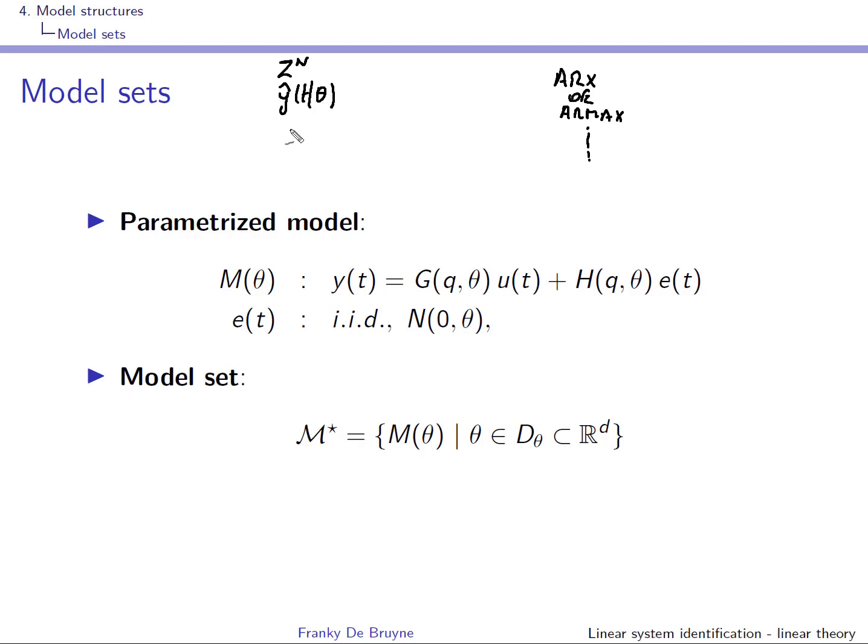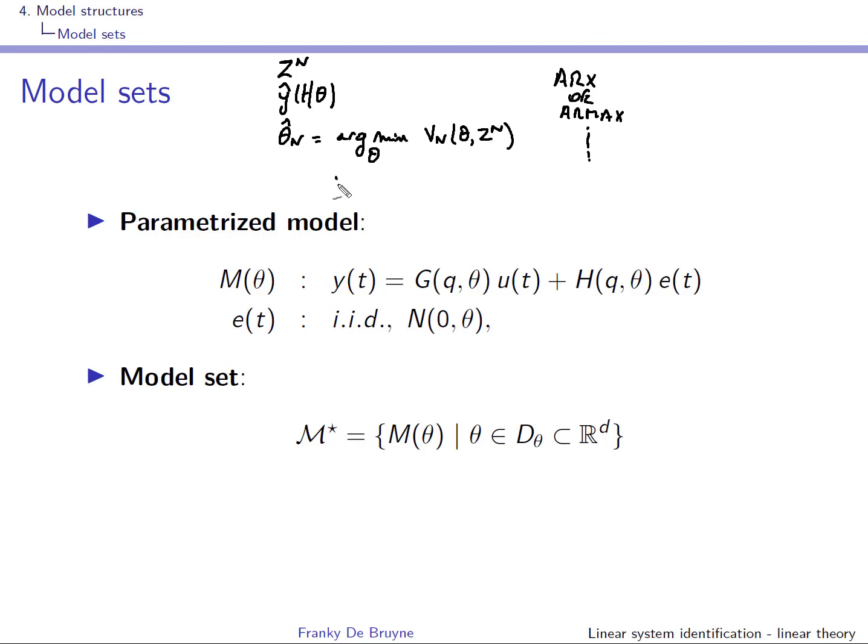So the idea is now to select a model, and to select a model we need an estimate of theta, and this will be dependent on the number of data that you have. This parameter will be obtained by minimizing over theta some cost. We'll write it like this. It will of course depend on theta, and it will depend on the data set, right?